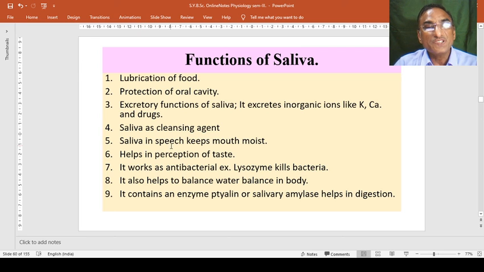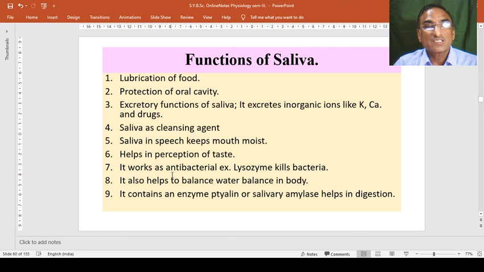Saliva in speech keeps the mouth moist. Saliva also helps in the perception of taste. The taste given by our tongue is only due to the saliva which mixes with the food and enters the taste buds of the tongue.